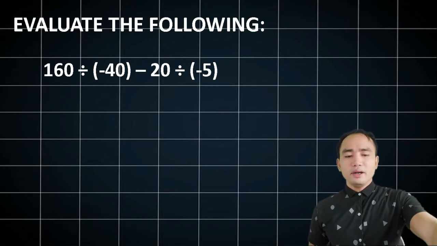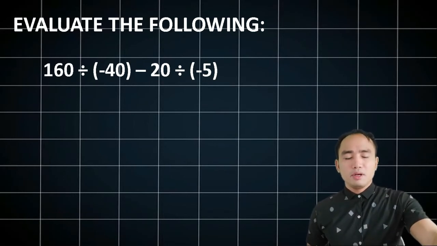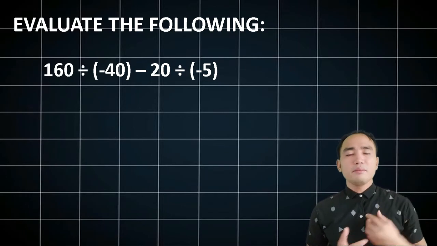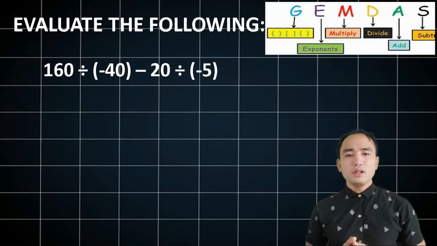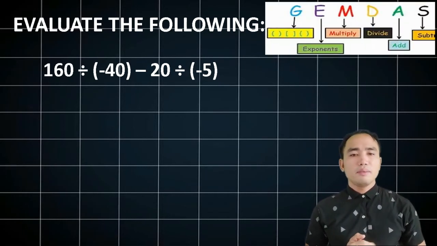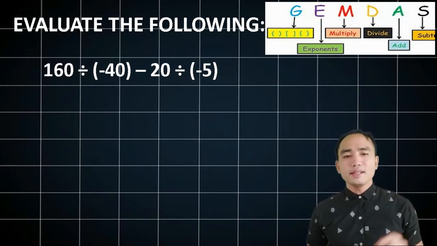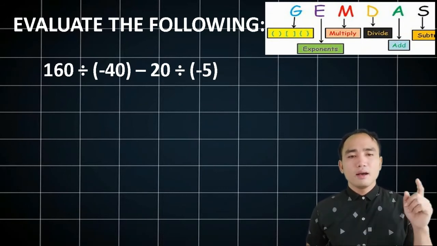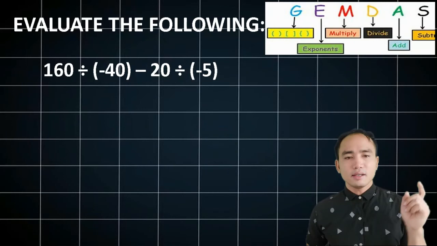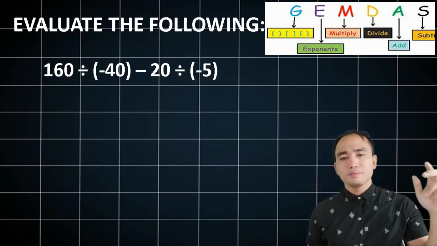Okay, so here you have to remember the GEMDAS rule. So in our GEMDAS rule, G stands for parentheses, brackets and braces, E for exponents, M multiply, D divide, A add, and S subtract from left to right.